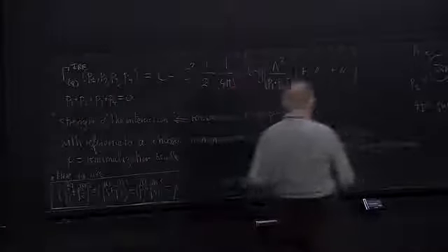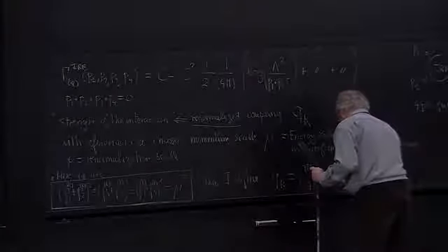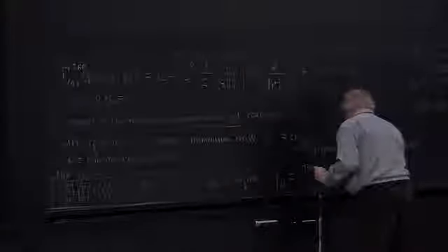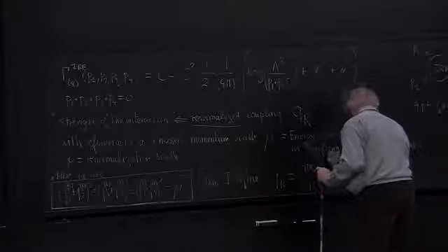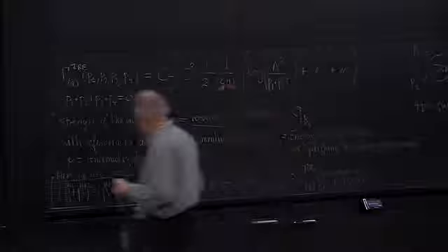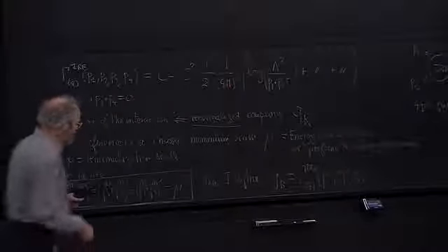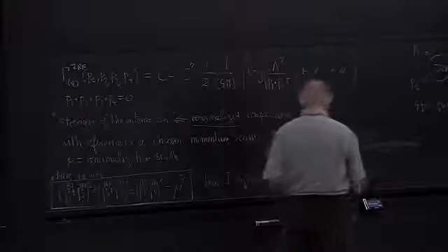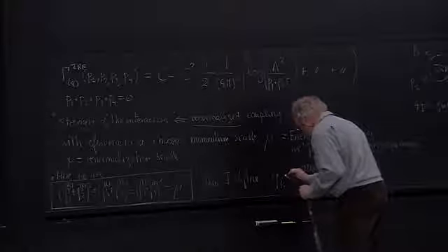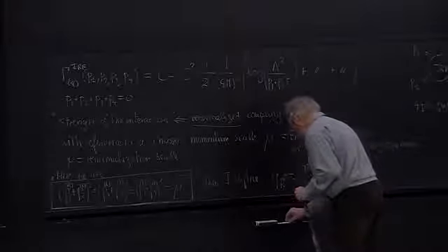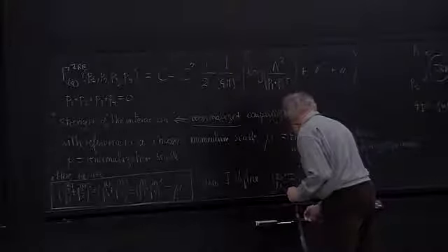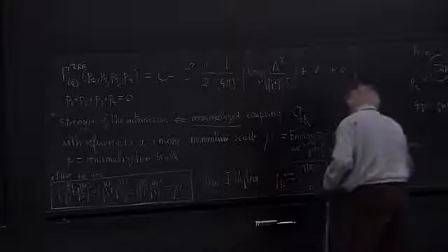And for the specific value of these momenta, in the notes they are called P naught, I think, but here let's call them P naught. The value of the 4-point function is by definition, so this is a definition, the renormalized coupling constant. Okay?